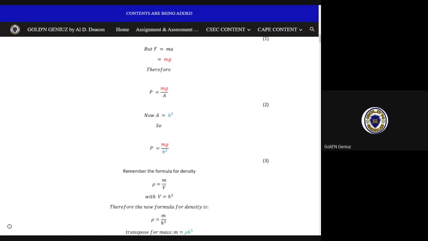I'm going to multiply the mass by the acceleration due to gravity, and multiply the height by itself, which is height squared. So I am now at a third equation, which is P is equal to mg upon h squared.